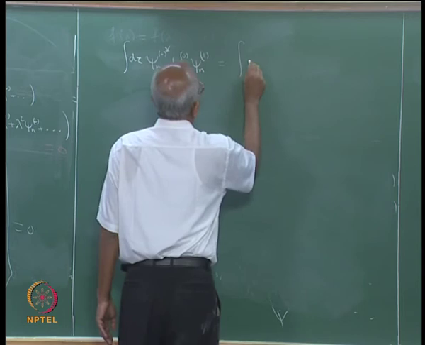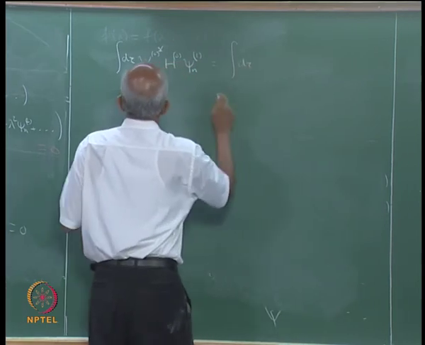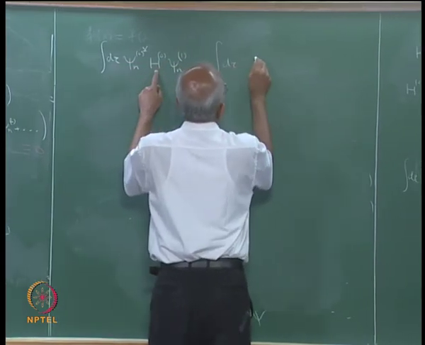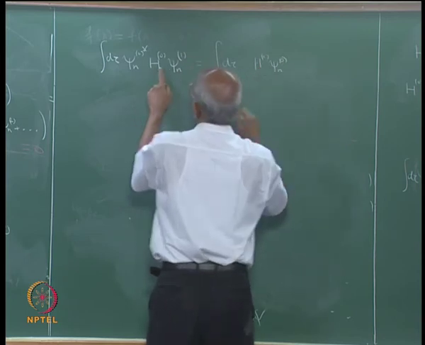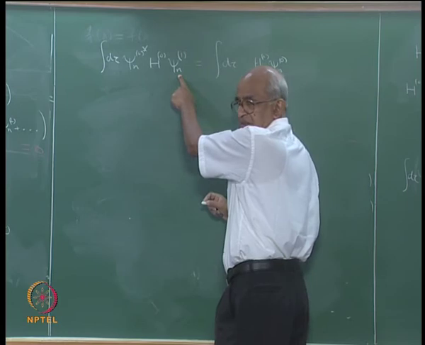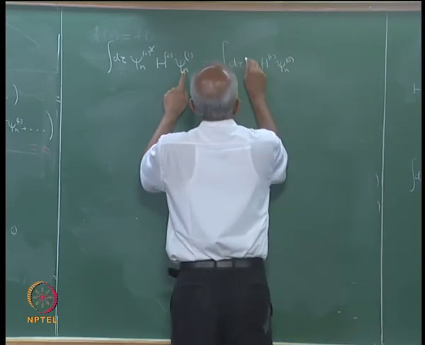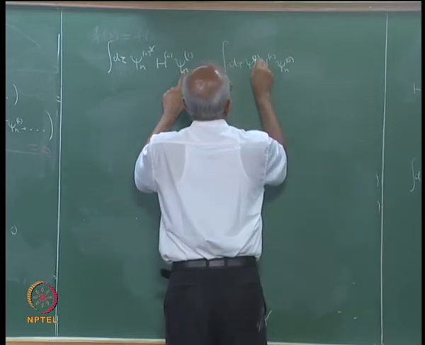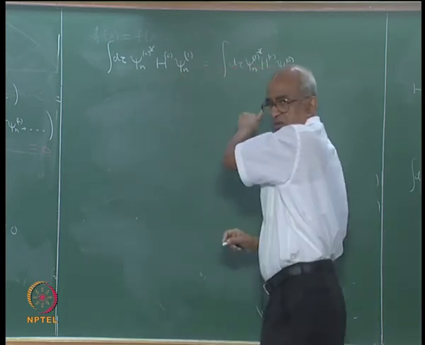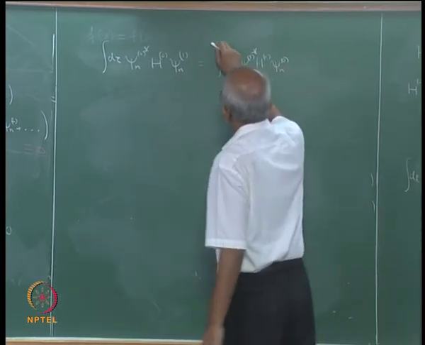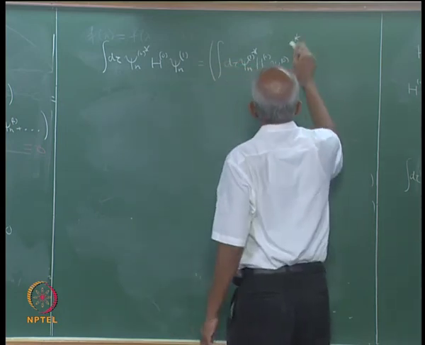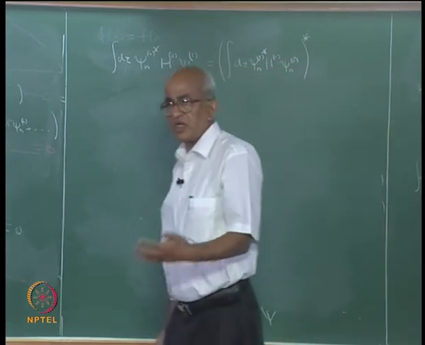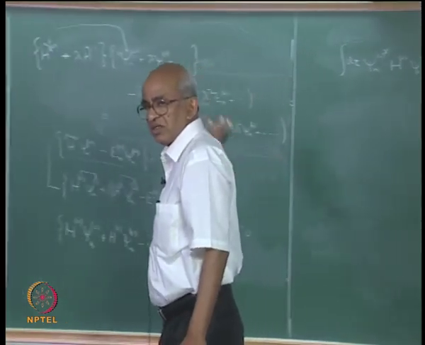It is actually equal to, in d2, you can allow H0 to operate upon psi n0 instead of it operating upon psi n1, and you can put psi n1 star on the other side. From the properties of the Hermitian operator, I know that these two have to be complex conjugates.